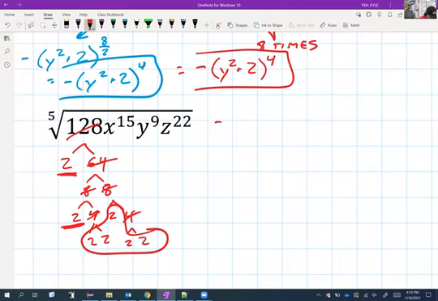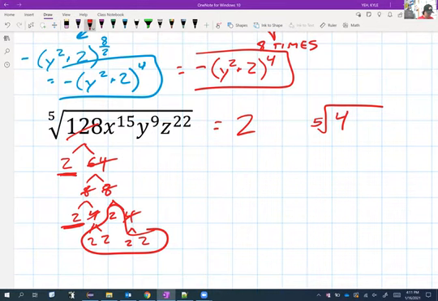So I'm gonna come over here and say, okay, numerically, I can pull a 2 out. I'll leave lots of room for my variables. And then I had 2 2s left over. Put them back in there, it's 4. 2 times 2, multiply them together is 4. Now let's talk about those x's. I have 15 x's. I don't have enough fingers to represent that. 15 x's. How many groups of 5?